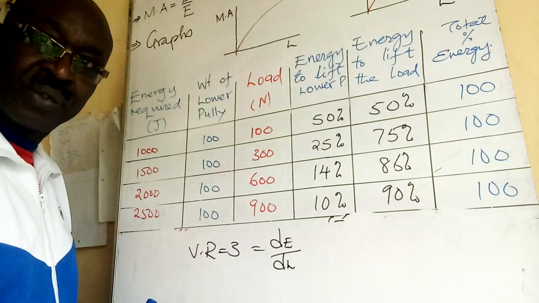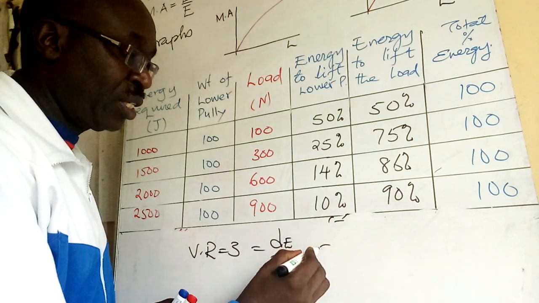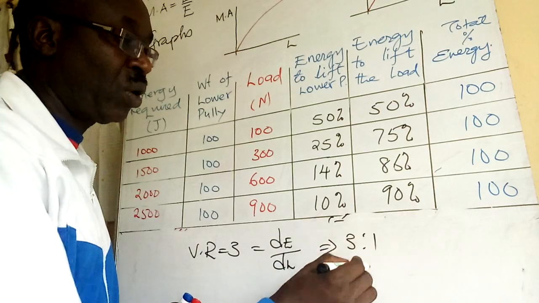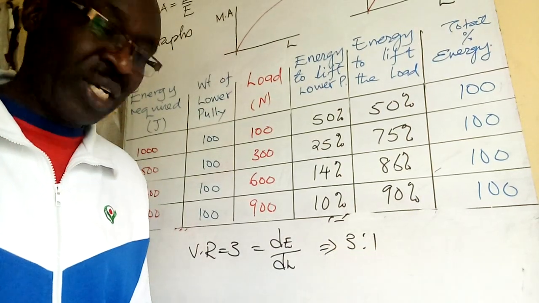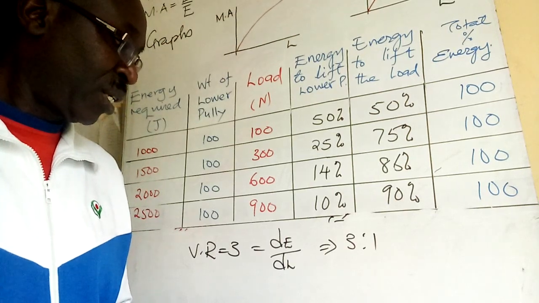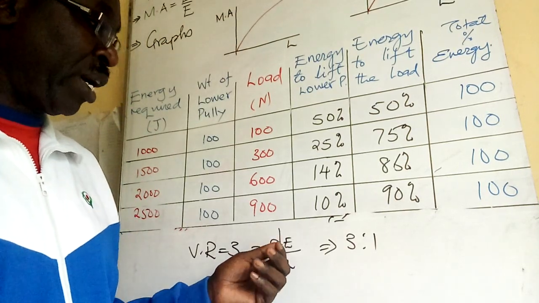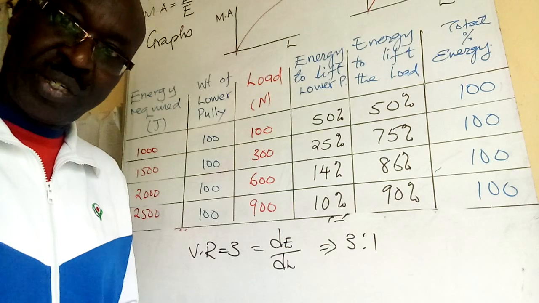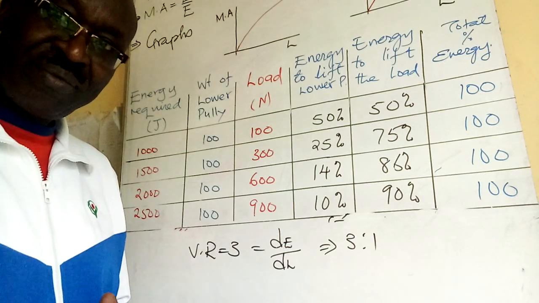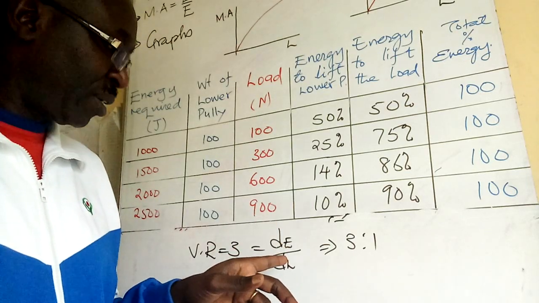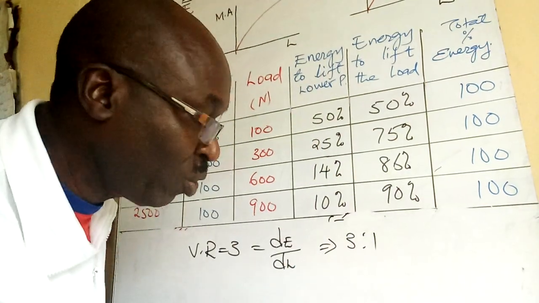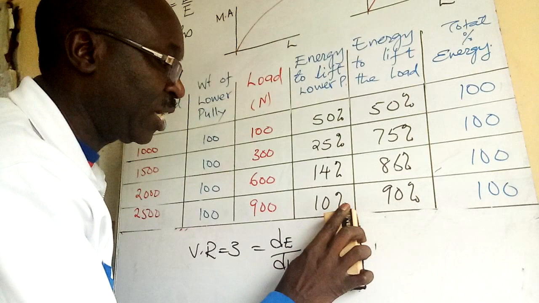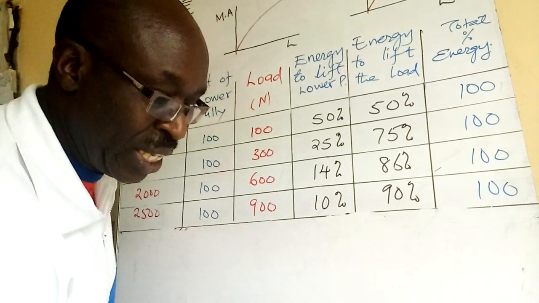Okay? So this implies ratio 3:1. When the load moves 1 meter, the distance moved by effort is 3 meters. This is very important because we are going to handle this. But in a nutshell, once you have understood that, just look at this.